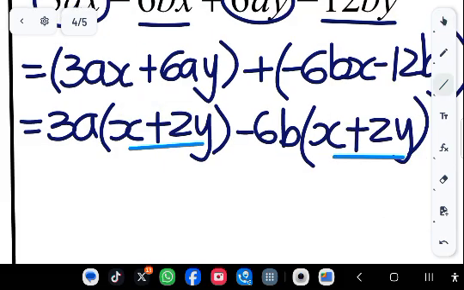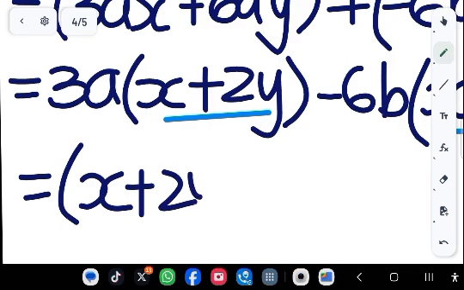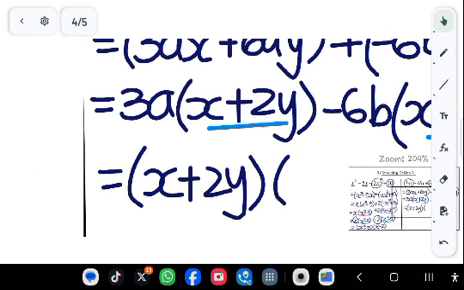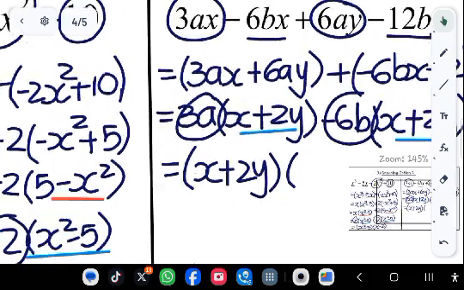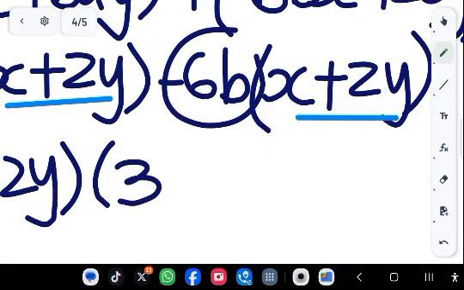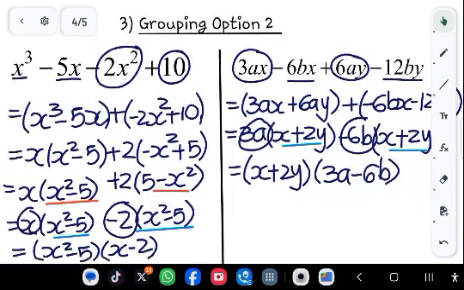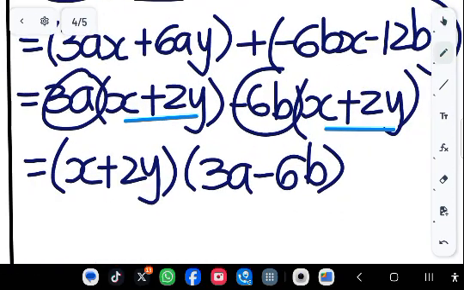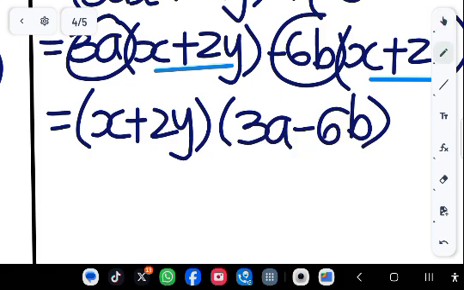X plus 2y in both of them, and that leaves us with the common factor outside, x plus 2y in bracket. Now what's in bracket is simply 3a minus 6b. And that answer is exactly the same answer that we had. And now we can factorize this one further.